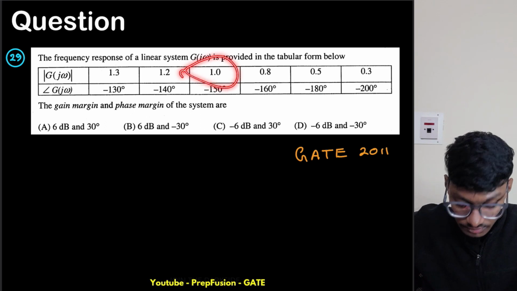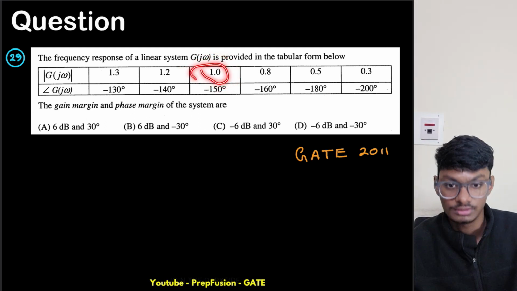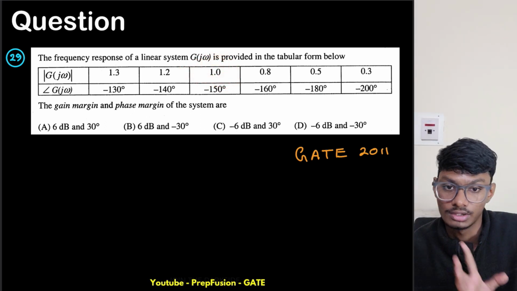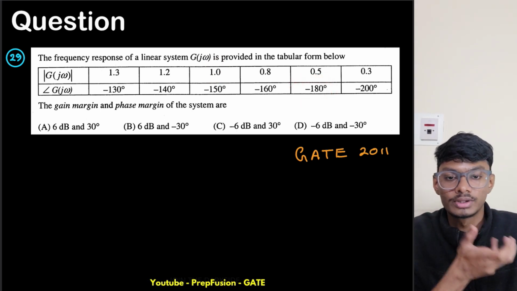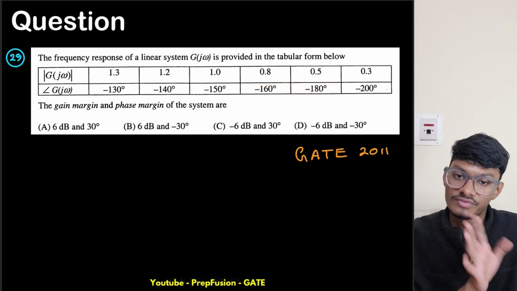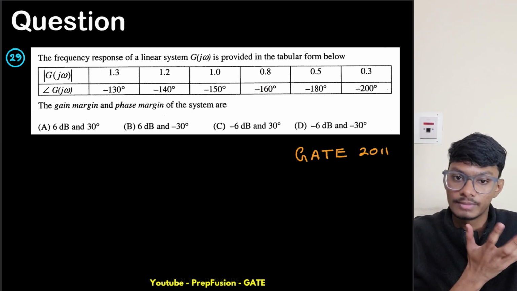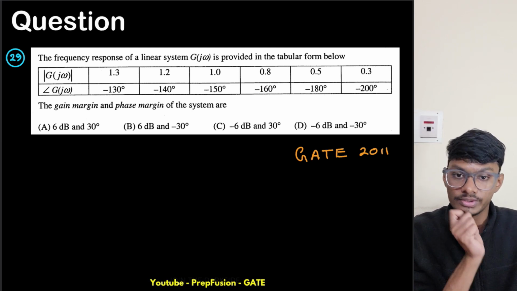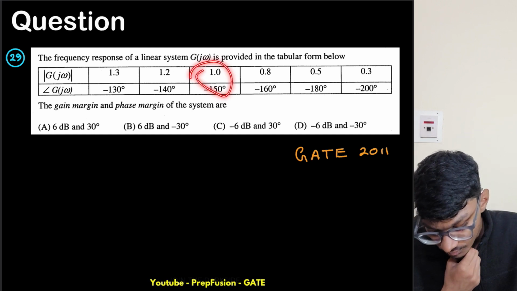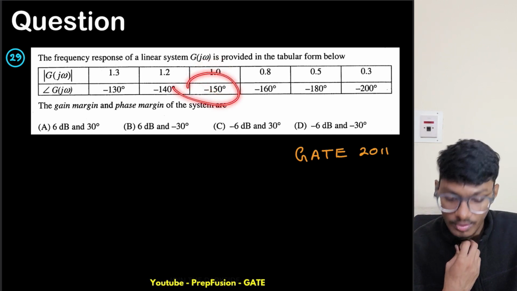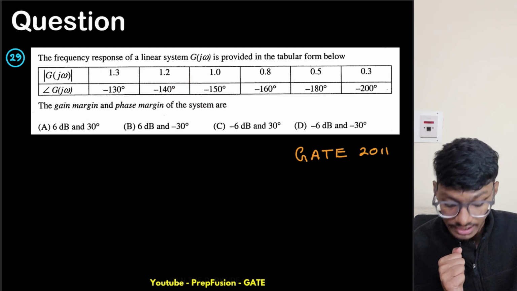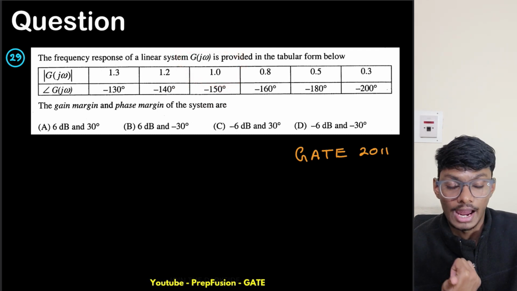Why is it positive? From here I can see this is the point where my gain is 1, so this is my gain crossover frequency, and this is my phase crossover frequency. My gain crossover frequency occurs earlier than the phase crossover frequency, so my gain margin will obviously be positive, and my phase margin will also be positive. What is phase margin? It is the amount of phase lag I need to add when my gain is 1.